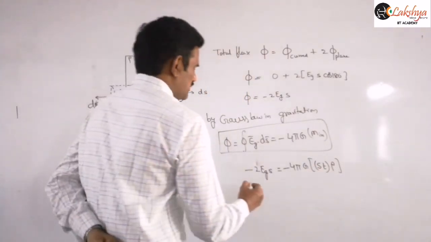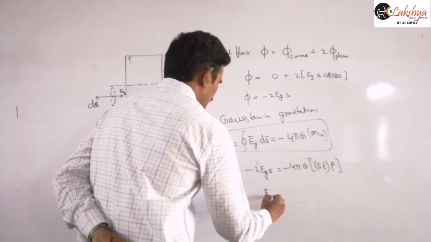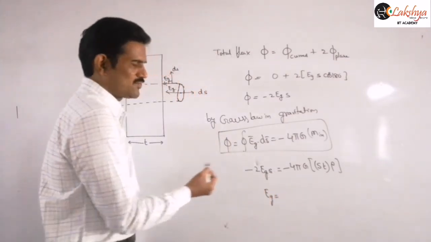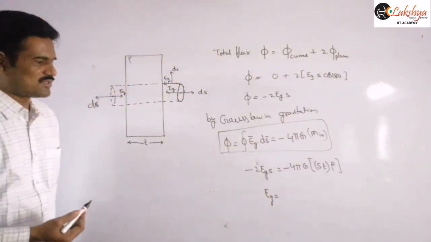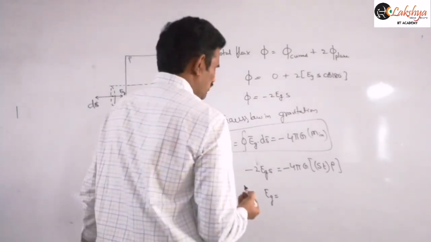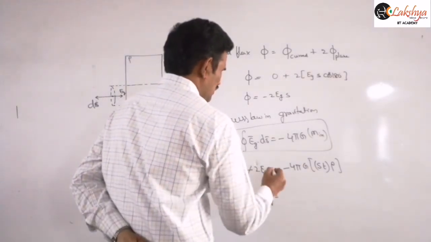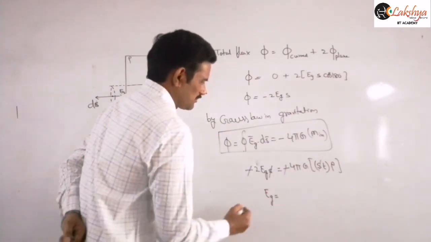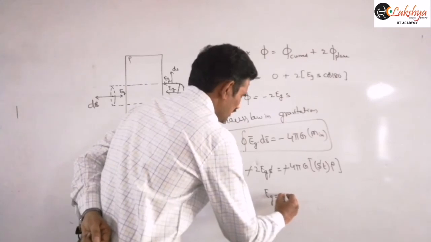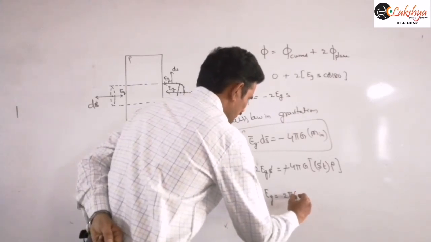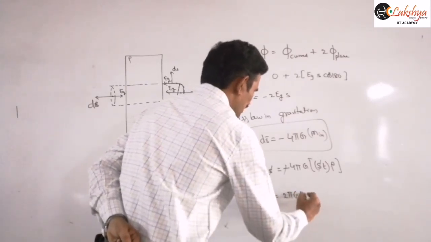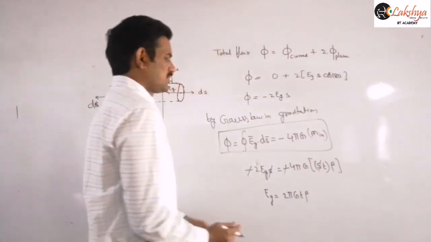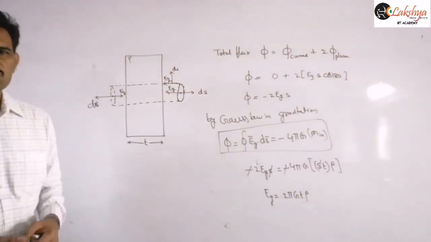Now we can observe the negative sign will cancel on both sides, S also cancels, and 2 also cancels. So I can write the gravitational field as 2 pi G into T into rho, right?